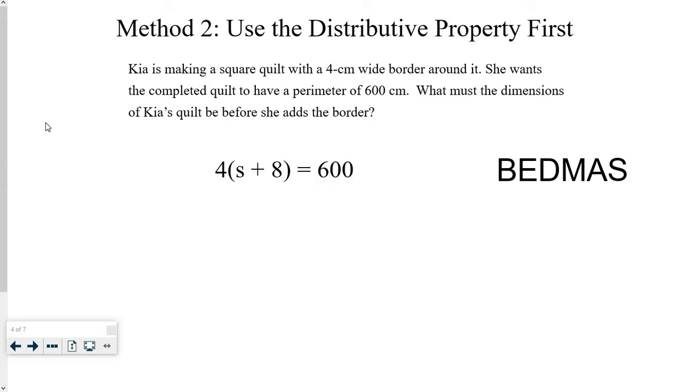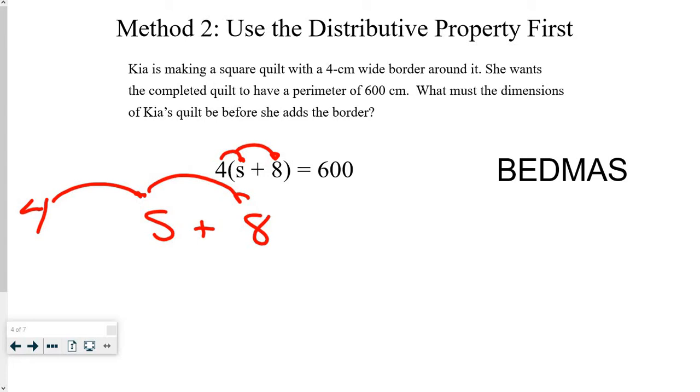To distribute the 4 through, you have to multiply 4 to everything within the bracket, so it's s plus 8. You multiply 4 to the s, and you multiply 4 to the 8 as well. 4 times s is 4s, plus 4 times 8 is 32.